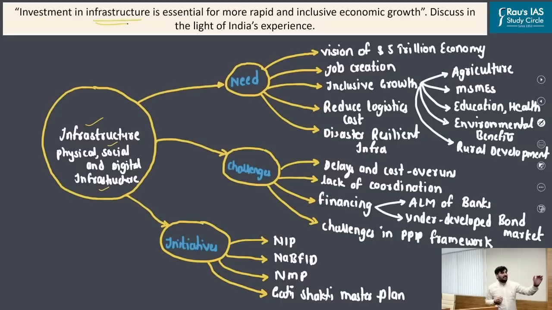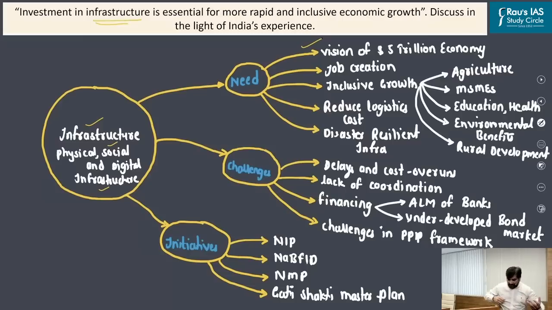So now coming to the need for infrastructure. First and foremost, we all know that the Indian economy has been facing an economic slowdown. The GDP growth rate last year was minus 7.5%. And it is believed that if we make more investment in infrastructure, we would be able to give a fillip to both consumption expenditure as well as investment expenditure, both of which are considered major drivers of the Indian economy.